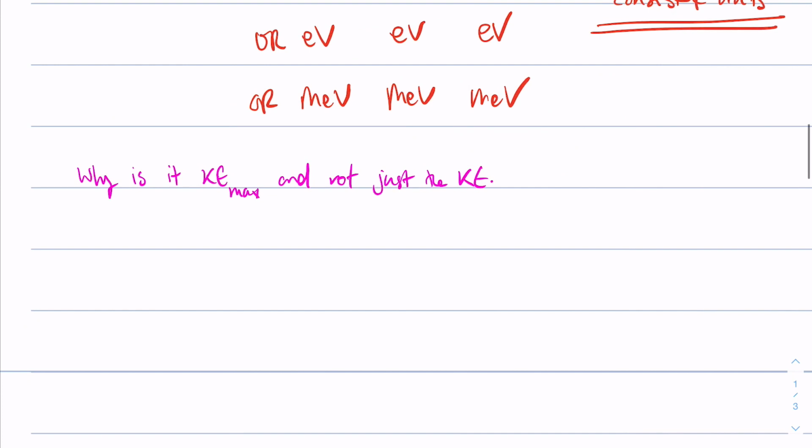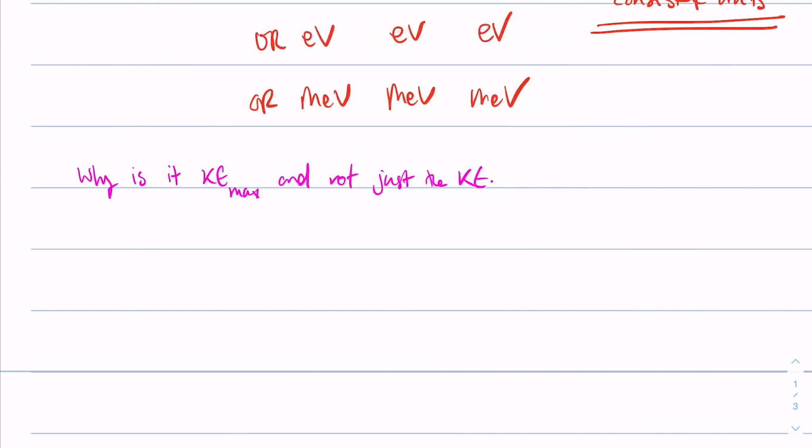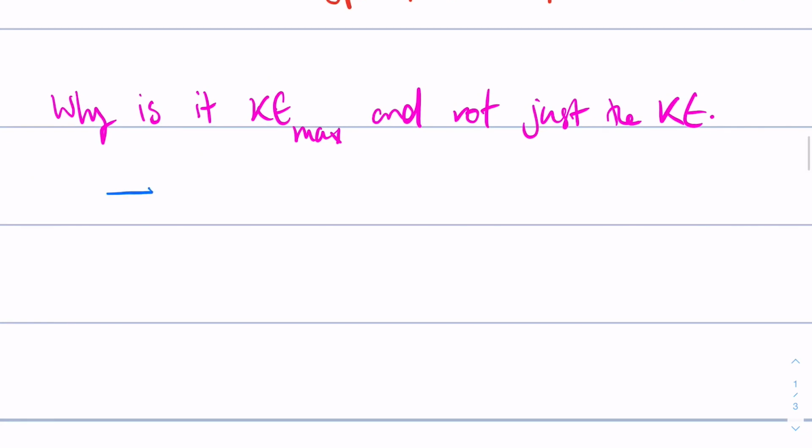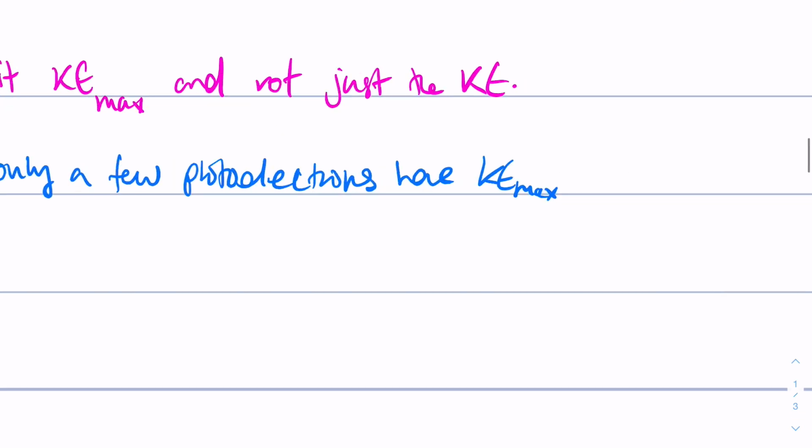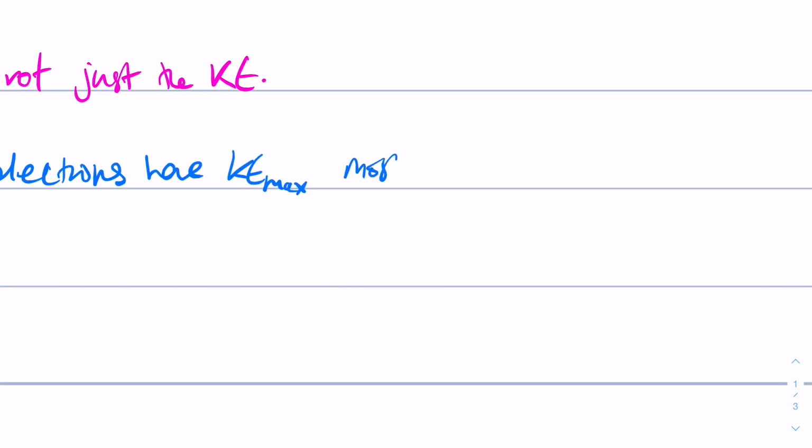And so all we need to put down for this is only a few photoelectrons have KE max. Most have slightly less.